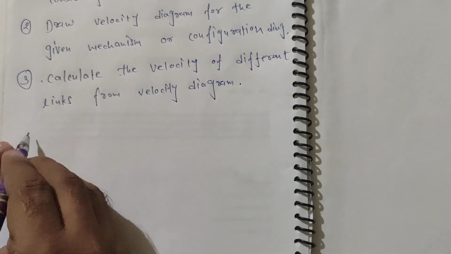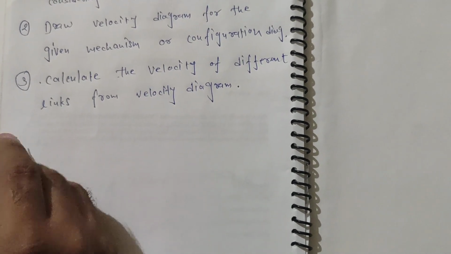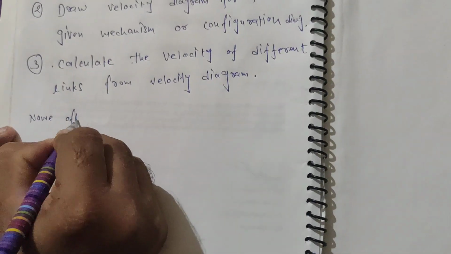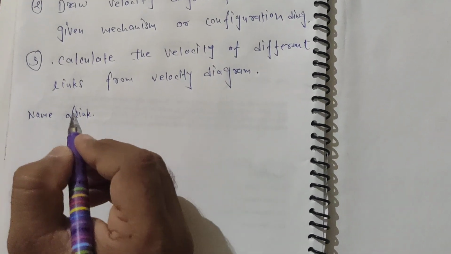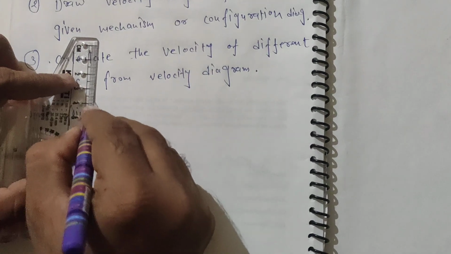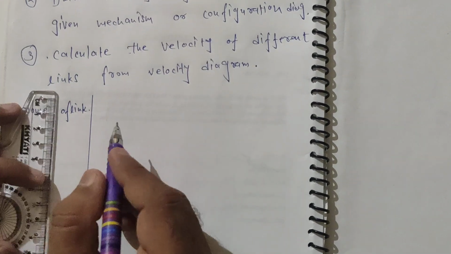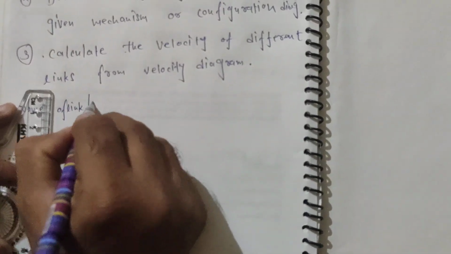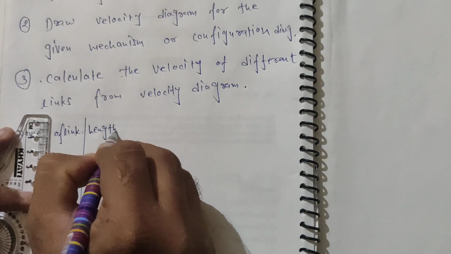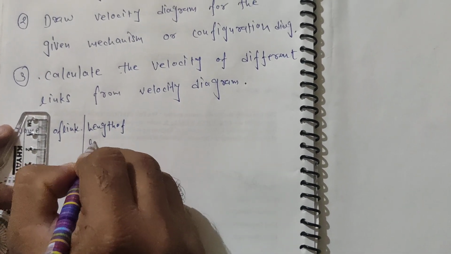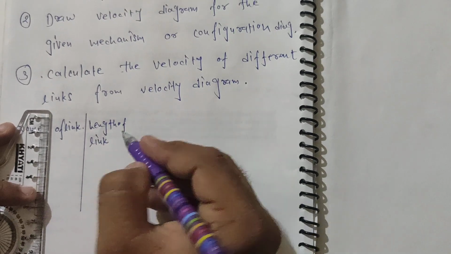In that table you have to remember, first we write down the name of the link. What do we write down? Name of link. Okay, second we write down the length of the link, in a unit.